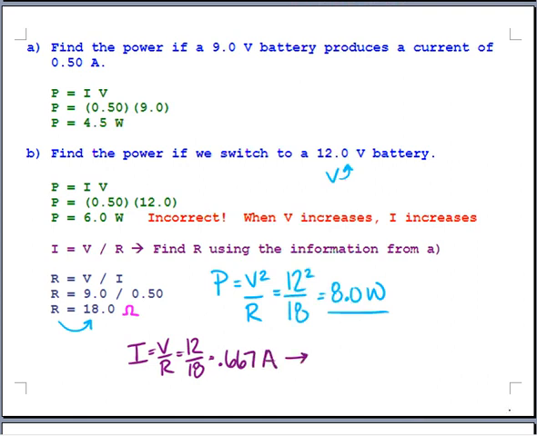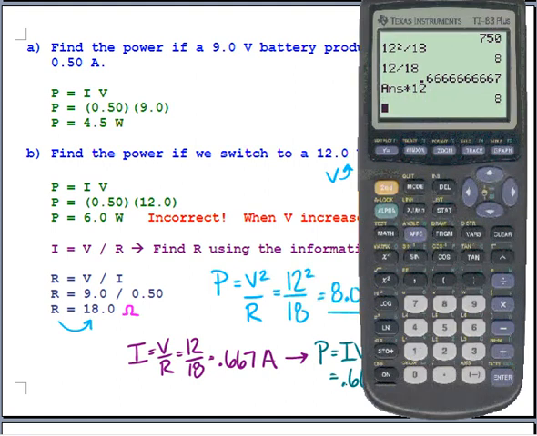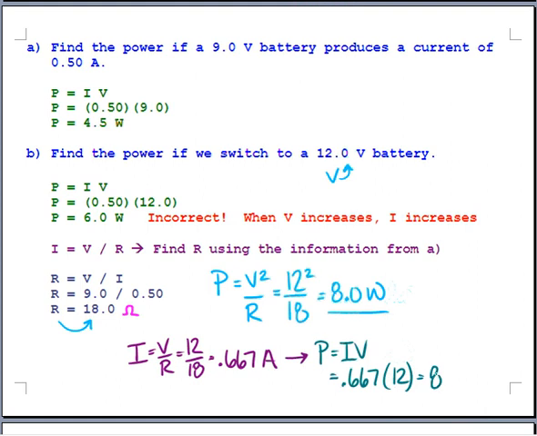And then you could have taken that and plugged it into maybe something like P equals I times V. So this works too, it just takes a little bit longer. 0.667 times 12. There you go. Get the same answer, 8 watts.